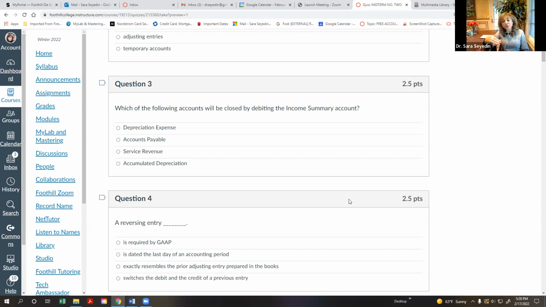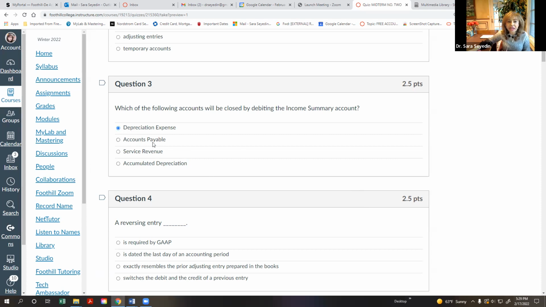Therefore, in order to close them, we have to credit those accounts, because closing means making the balance of an account 0, right? Therefore, the income summary is debited for our expenses and for the owner's drawing account, and each individual expense account is credited. So the answer is we debit depreciation expense.